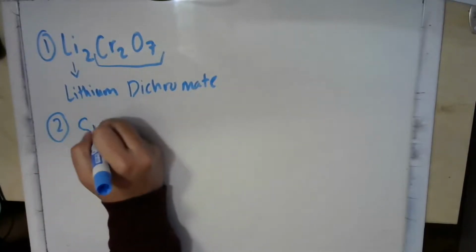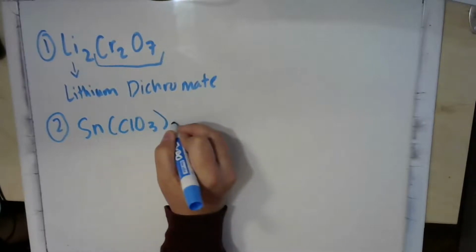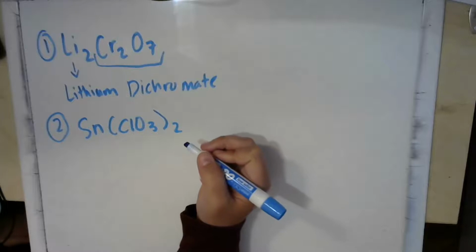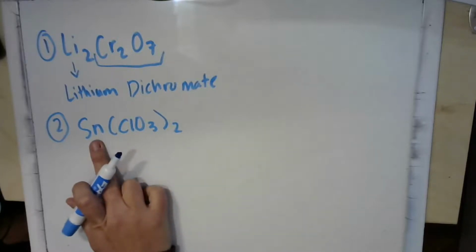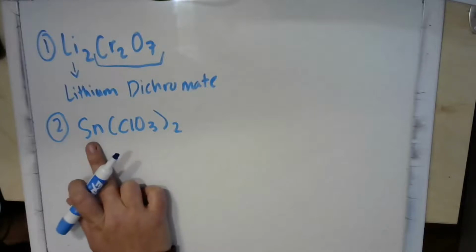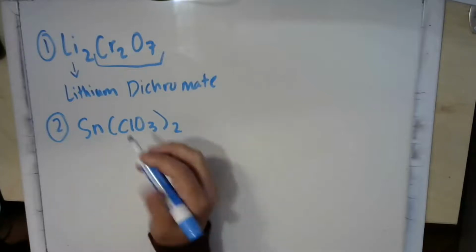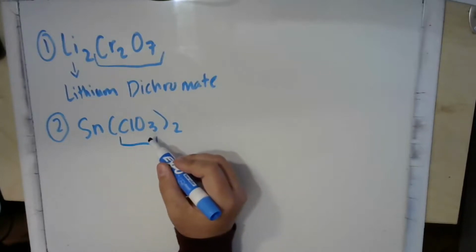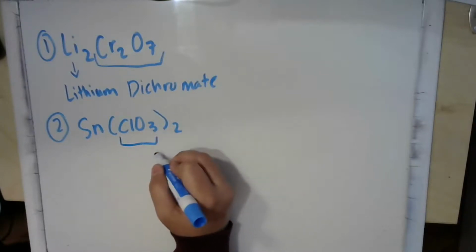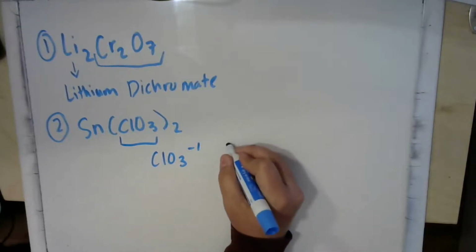Okay, my next example is Sn(ClO3)2. Now this is a little bit trickier because I see that I have tin over here, and I know that tin is a type 2 metal. So I have to know what the charge of tin is before I can name this compound. To find the charge of tin, I'm going to have to look at my polyatomic ion. This is the ClO3 minus 1 ion, which is called chlorate.